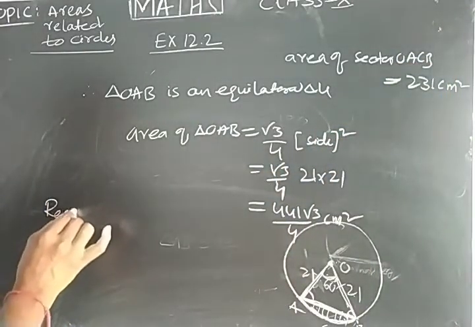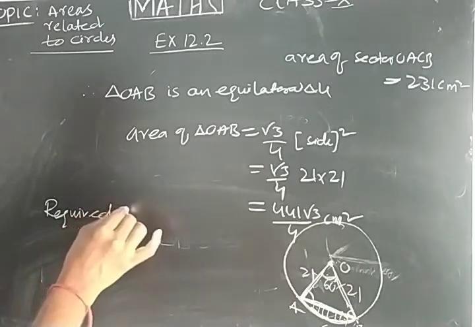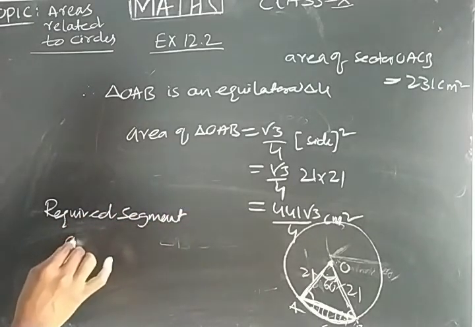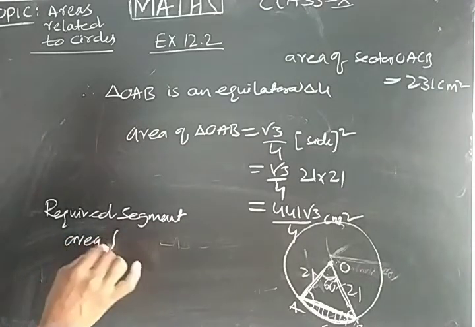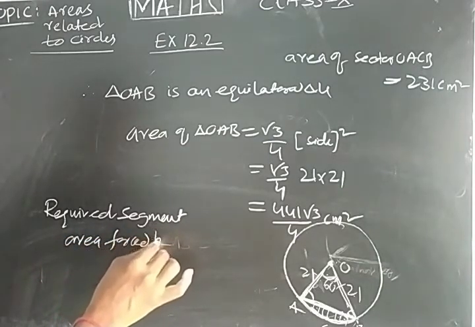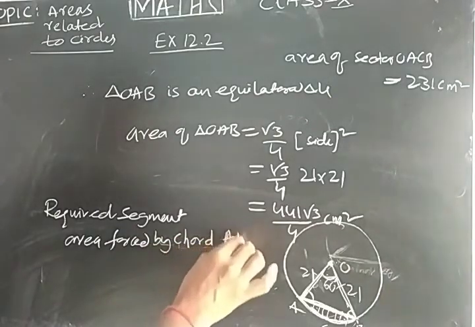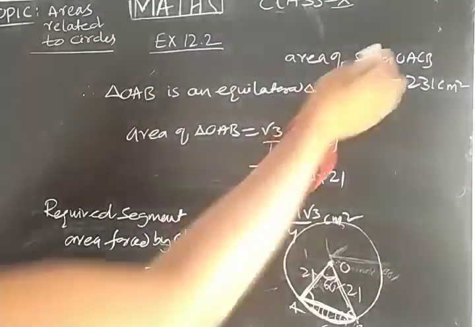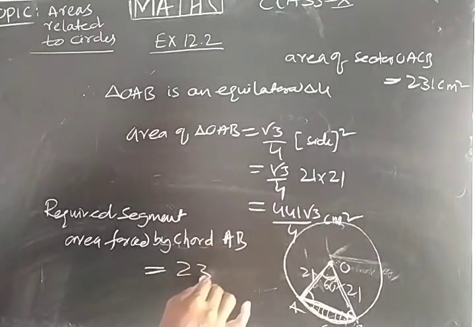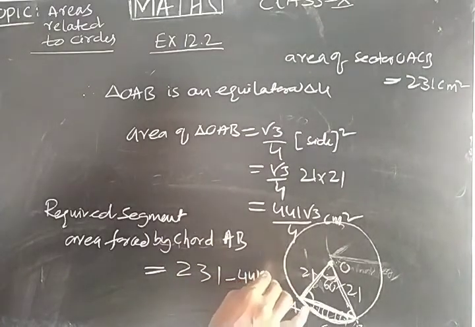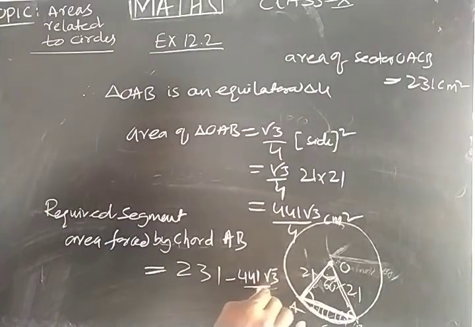So the segment area formed by chord AB is equal to 231 minus 441 root 3 by 4.